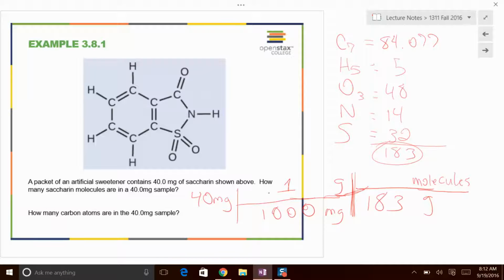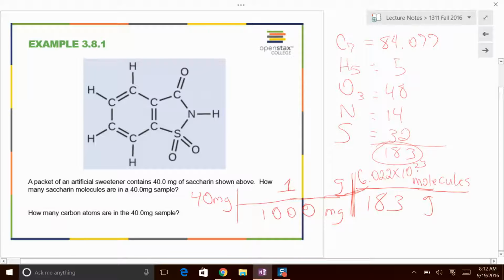What number goes on top by molecules for this conversion? 6.022 times 10 to the 23rd.